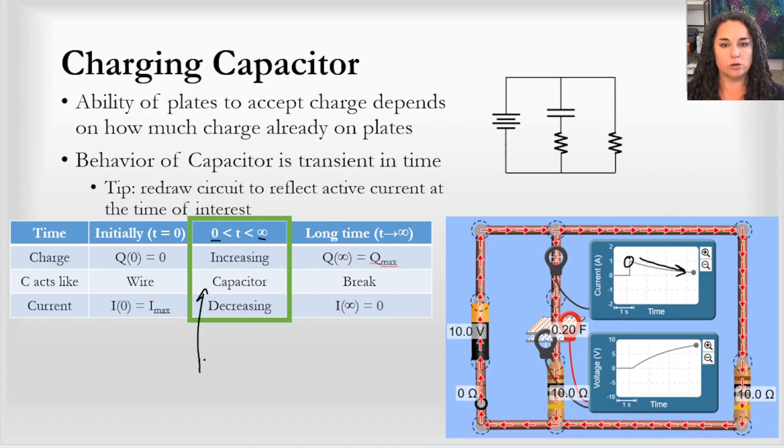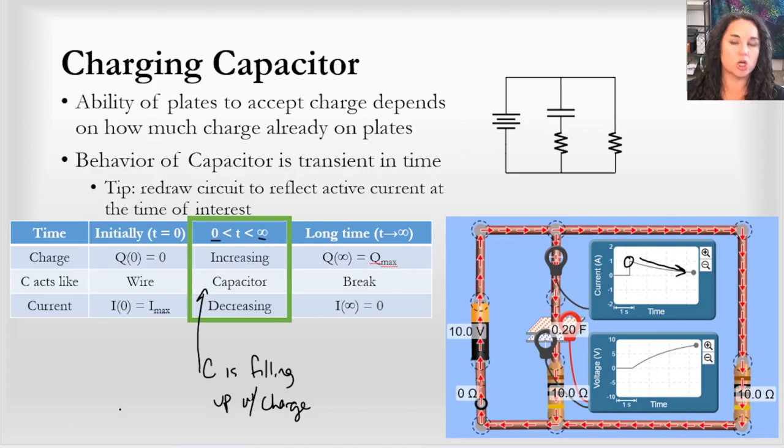So C is filling up with charge. It's going to reach a maximum charge. As it's filling up, it's going to increase in charge, that current is going to decrease, and the voltage across that capacitor is going to increase.